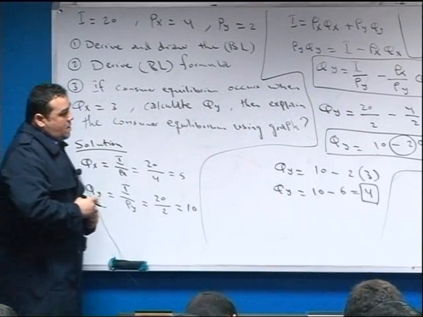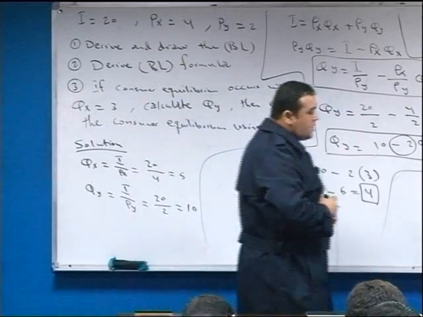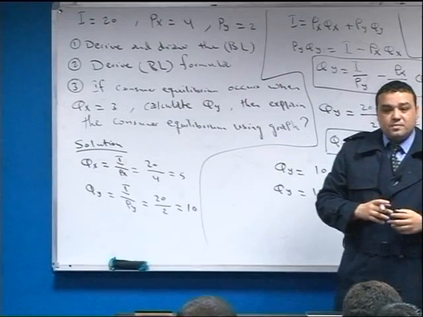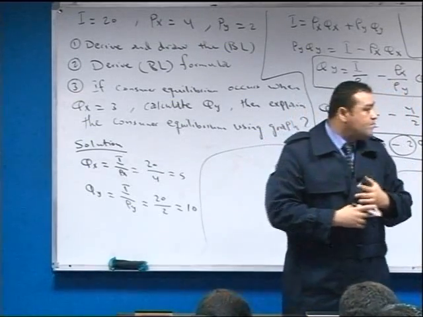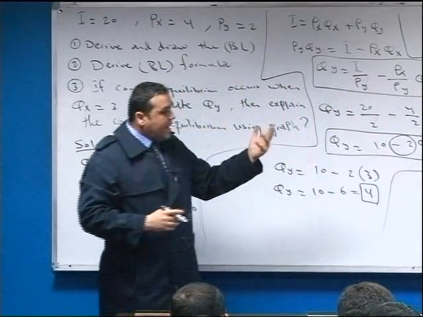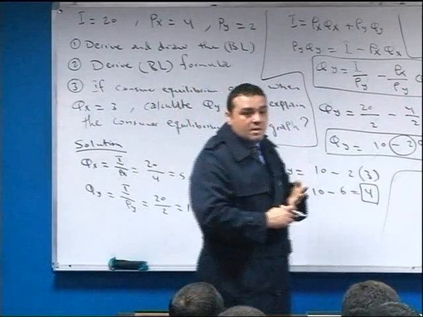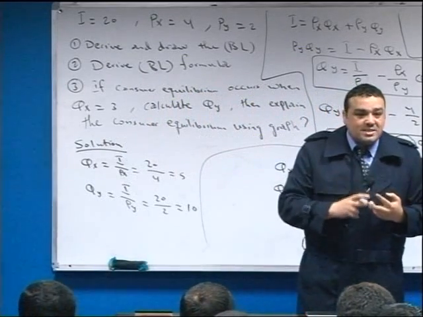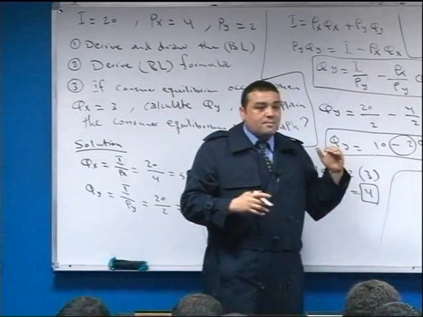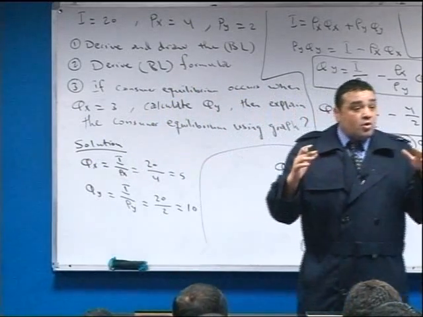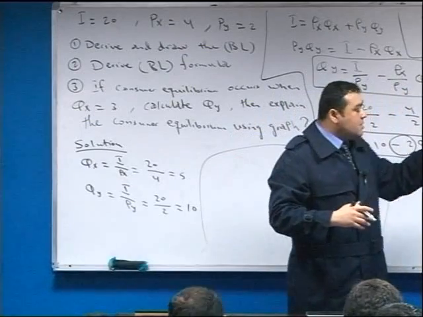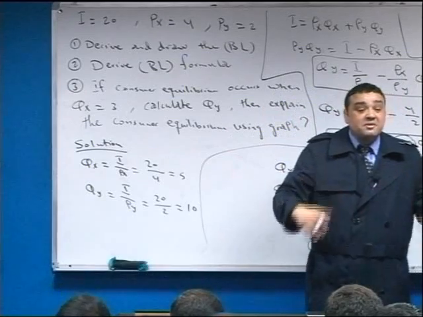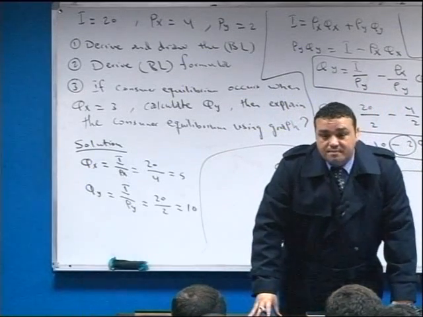The question: suppose that the price of X declines to 2. Derive the new budget line and the budget line formula, as well as, if the consumer equilibrium is achieved when he consumes 7 units of X, calculate the Qy, and then let's derive the demand curve, right?